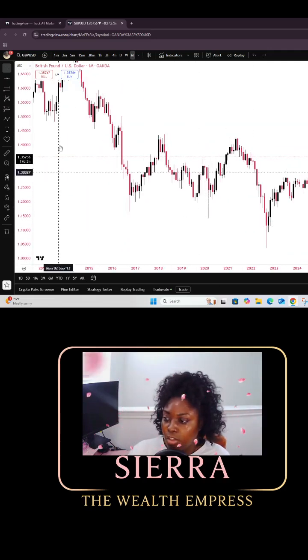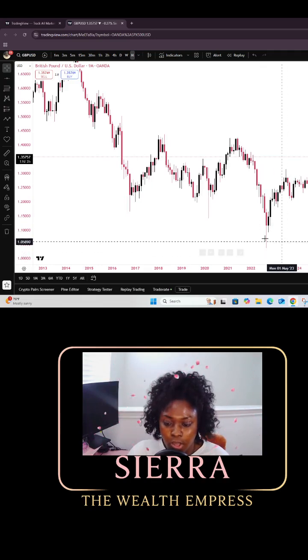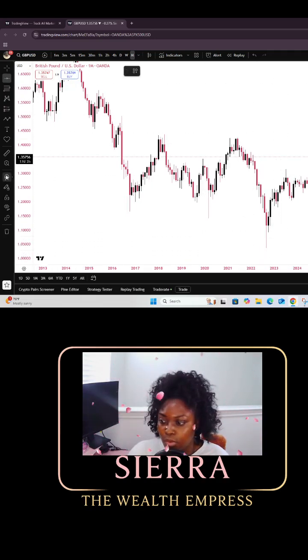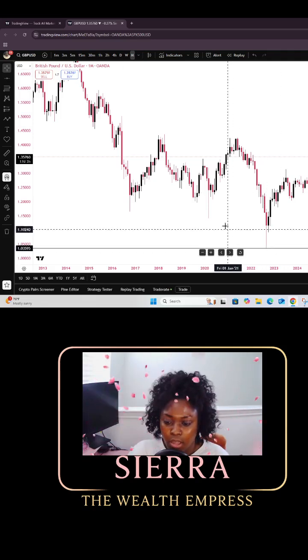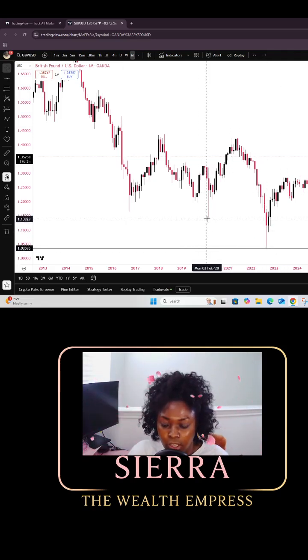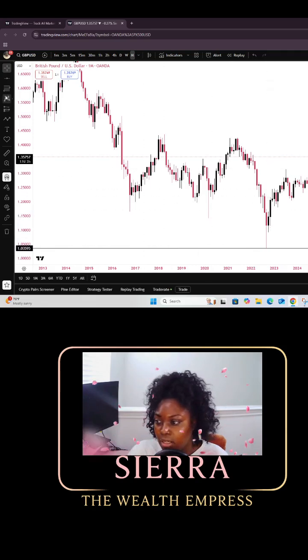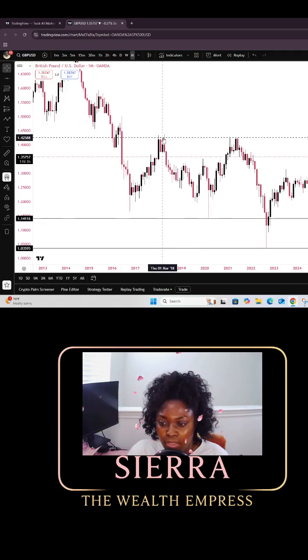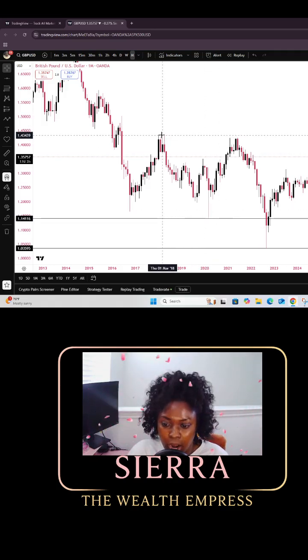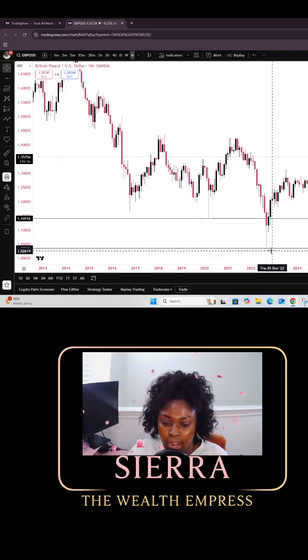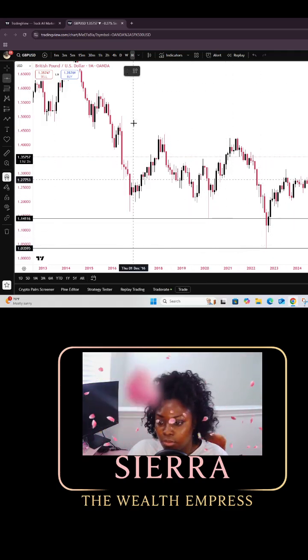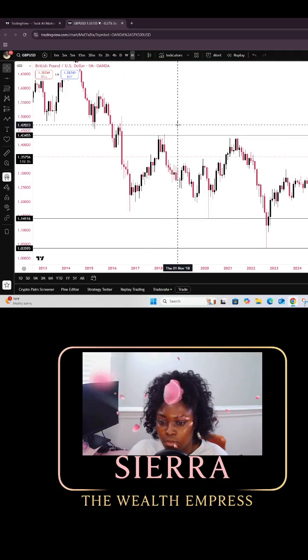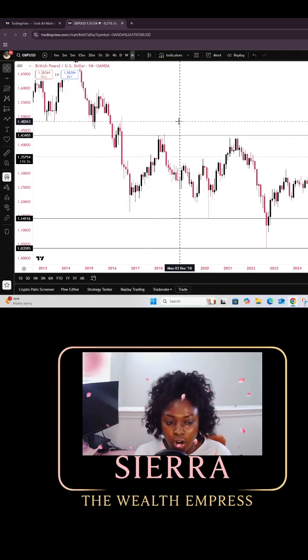So this was our new low here, and this was the last low that price had to make a new low. And then this was our high that took us down to our new low. So this is our monthly structure areas.